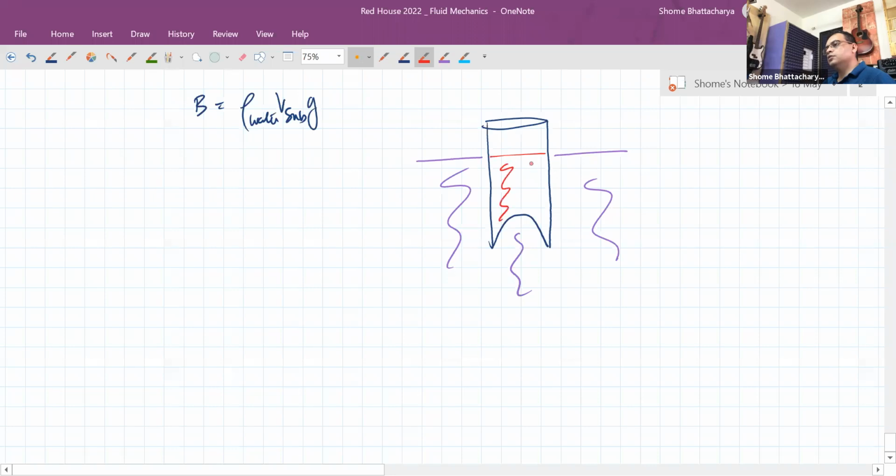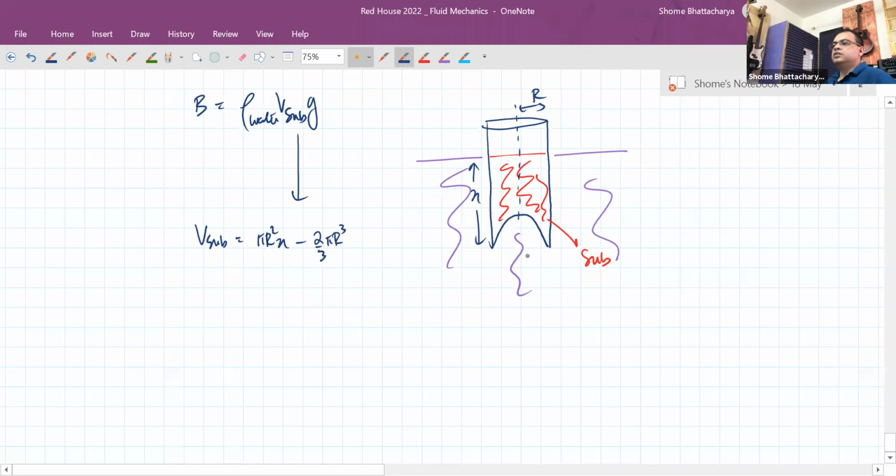This is the submerged portion. Okay. So if this length is x and this radius is r, then this volume of submerged part should be equal to how much? Pi r square x minus 2 by 3 pi r cube, because there's this hemisphere here.